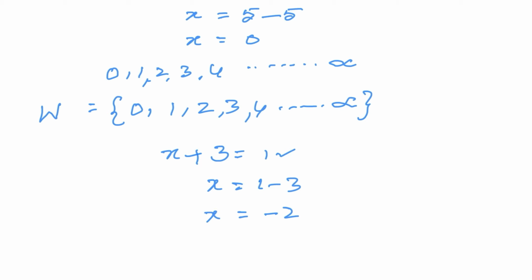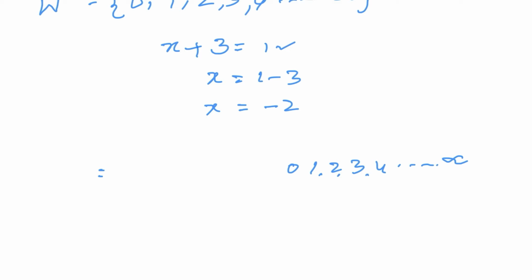That's why they defined another set of numbers including the negative numbers. 0, 1, 2, 3, 4, etc., infinity, and they added the negative numbers -1, -2, -3, likewise up to minus infinity.